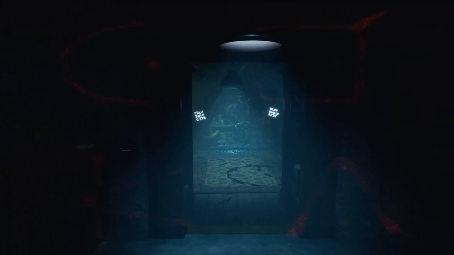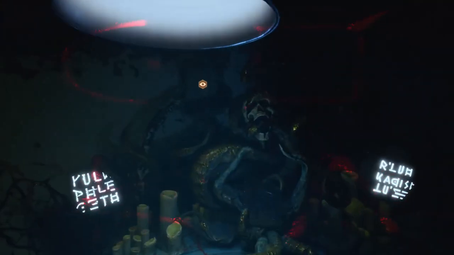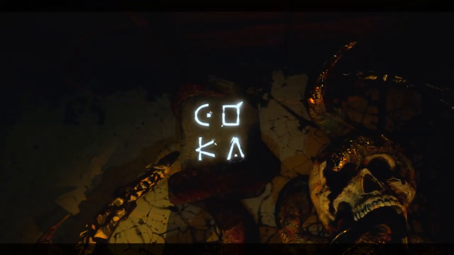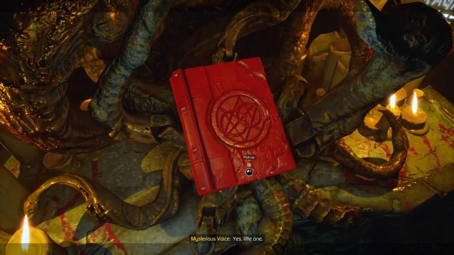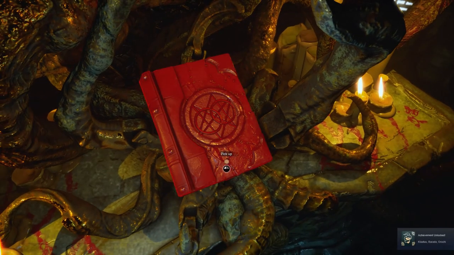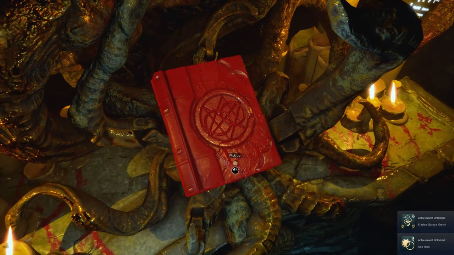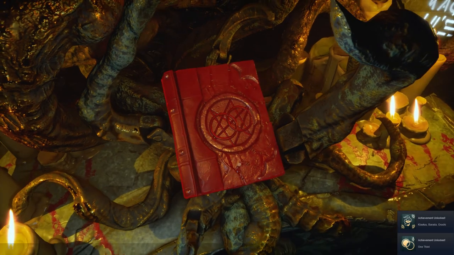Okay, that should be enough to power this up, presumably. Again, the twin circle design. Well, that didn't really help me.